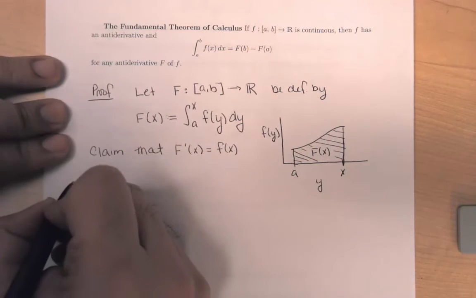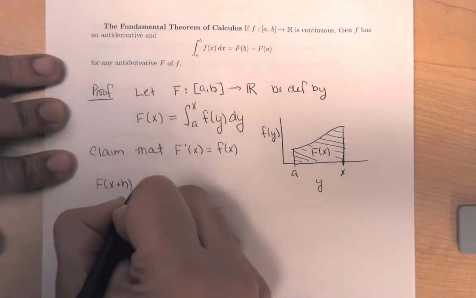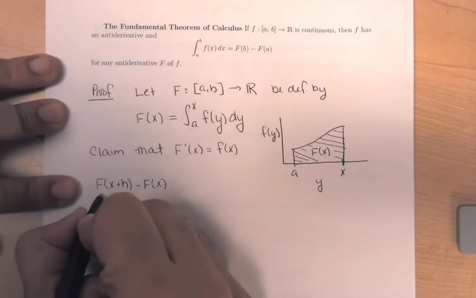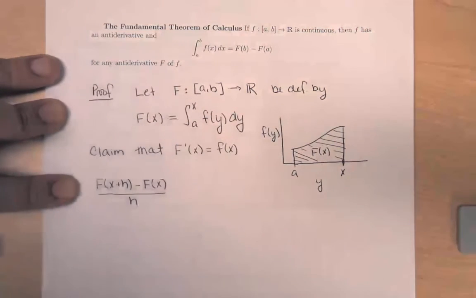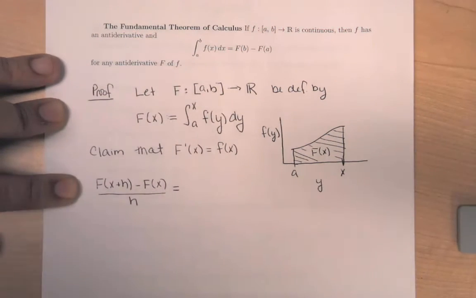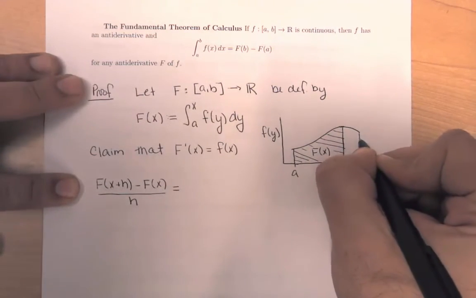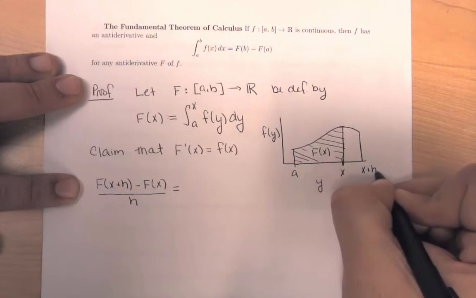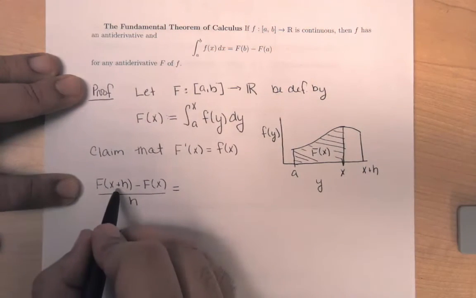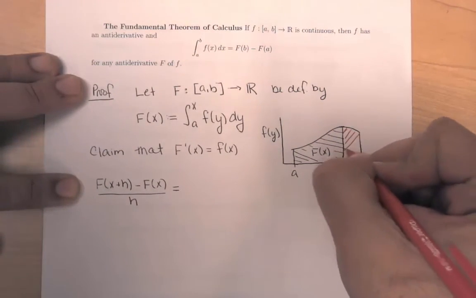So, my secant slope, right, is rise over run, and my run is h. And of course, eventually I'm going to take the limit as h goes to 0. Well, this equals, right, remember this is F of x. If I were to extend x to x plus h, then F of x plus h minus F of x, that's just this area here.